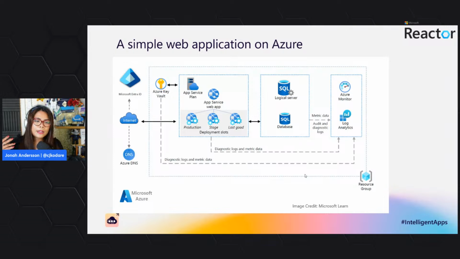You have an App Service that has different staging or deployment slots, like for production, for staging, for UAT, QA. You have your Key Vault and your networking. You have your database, you have your monitoring, and it's in a resource group.